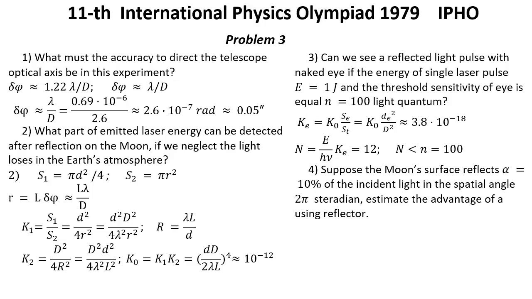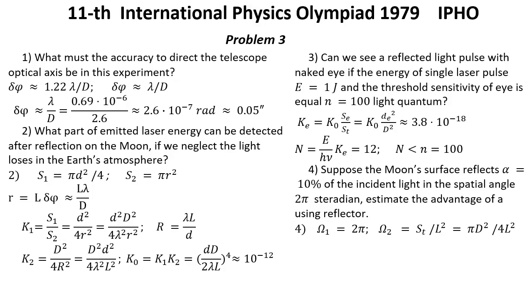In the absence of a reflector, alpha equal 10% of the laser energy that got to the Moon is dispersed by the lunar surface within a solid angle omega 1 equal 2 pi steradians. The solid angle in which one can see the telescope mirror from the Moon constitutes omega 2 equal S telescope over L square, which is pi D square over 4 L square.